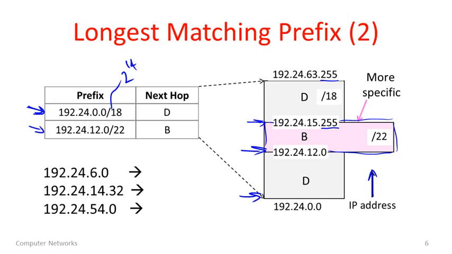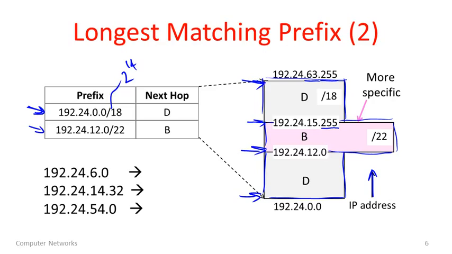So it's going to be 0, 0 and then all ones, and then 6 ones. If you convert that from binary to decimal, you should get 63. So the top address will be 192.24.63.255. This is the grey block where we forward to D. This is a much bigger block. And the other pink block is within it. And I've drawn this to be not as wide because it's a less specific address.